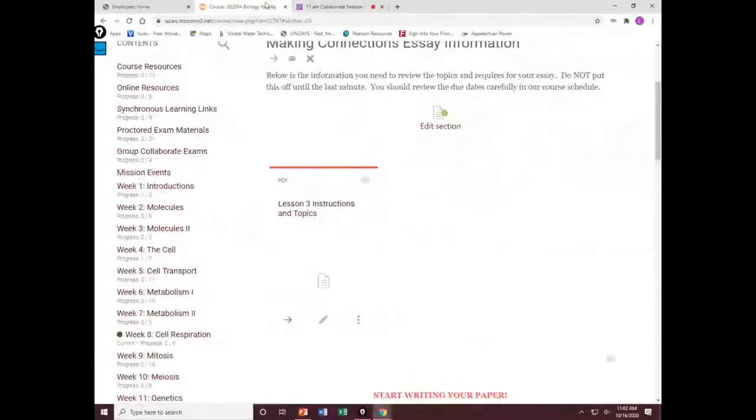First thing I want to talk about today is the paper. I have graded all of the lesson 3s and the lesson 4s that I have.